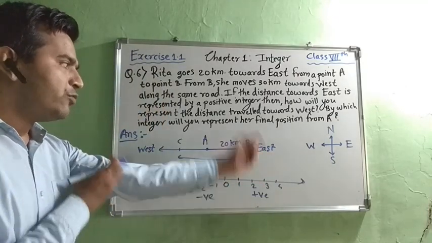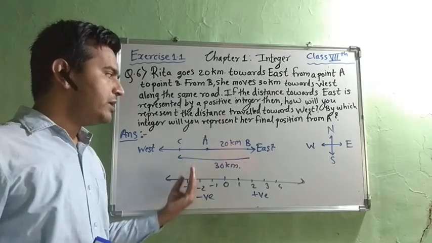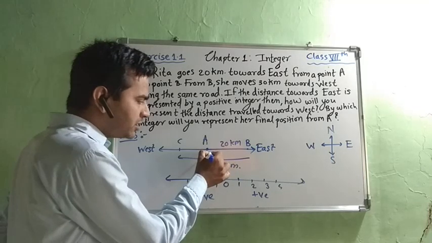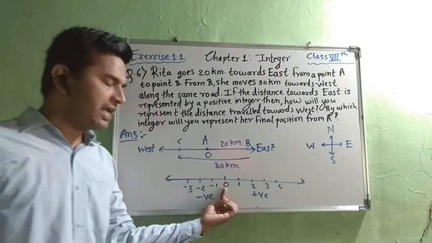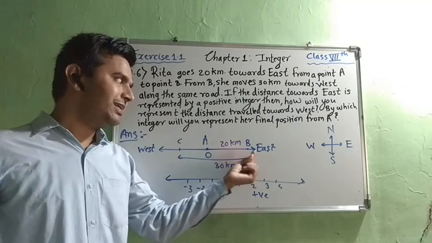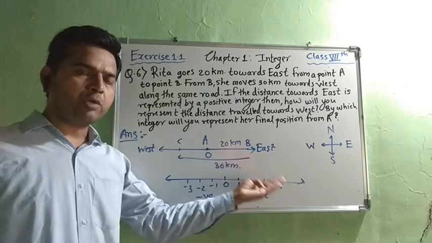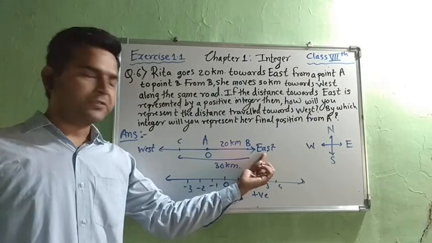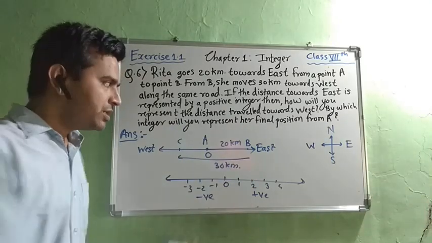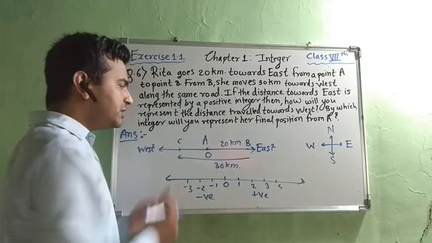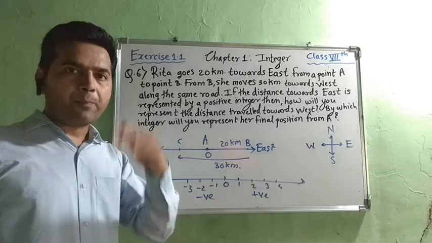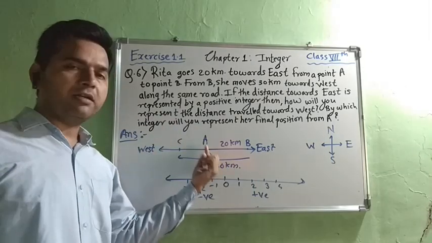Now as we have to represent this movement on the number line, point A, suppose it is the origin, you can say it is 0. From this 0 when she moves towards east, we represent positive numbers towards the east. So here this 20 kilometer is the positive integer. Now when she moves from point B towards west, she is moving exactly opposite, in this direction.